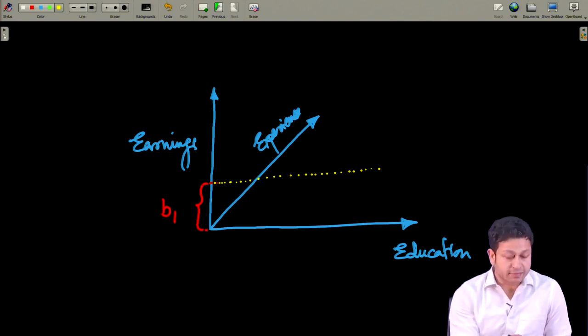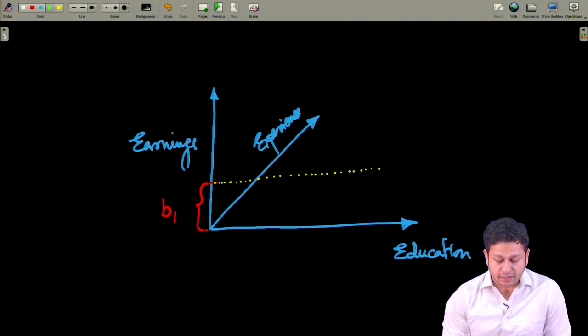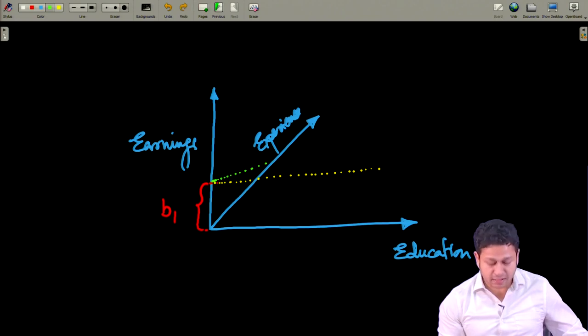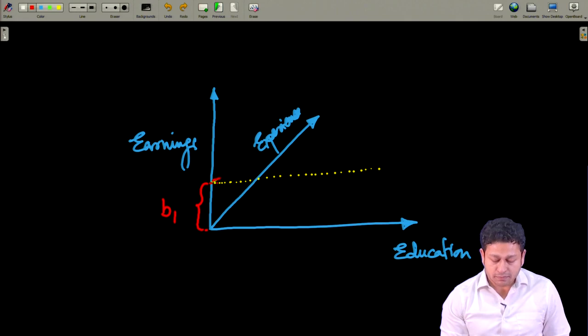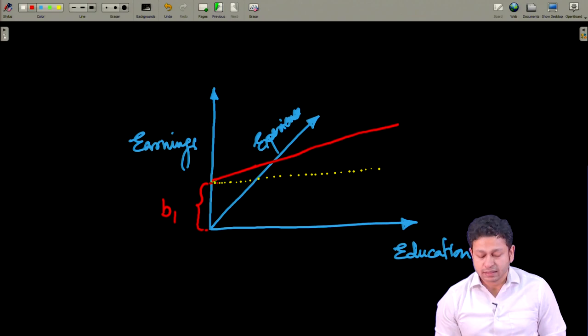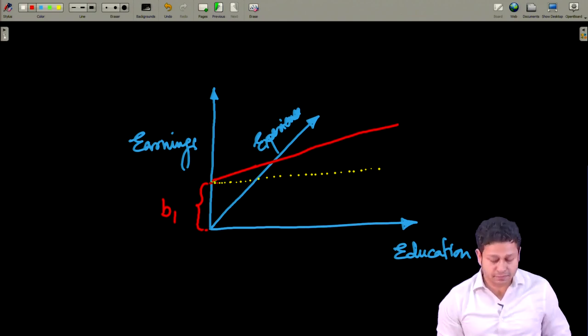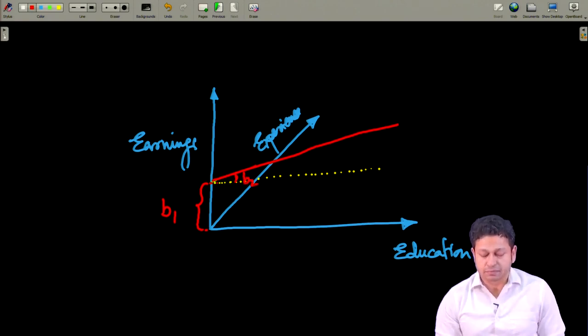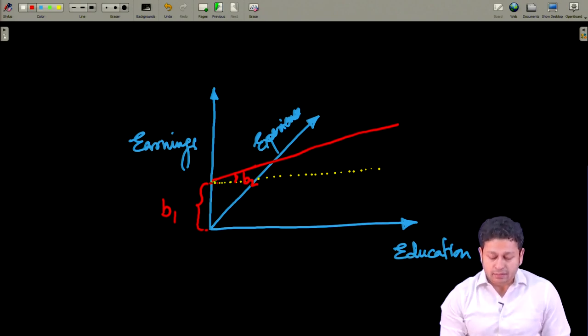Now if that is the case, and if I draw my regression line here, just the same way, let me use the same red color that I used in the previous case. If I draw the regression line here, I'm just considering the impact of education, and let's say this is the angle here, and let's say this is b2. All right, so this is b2, and this line is basically representing the impact due to education only.